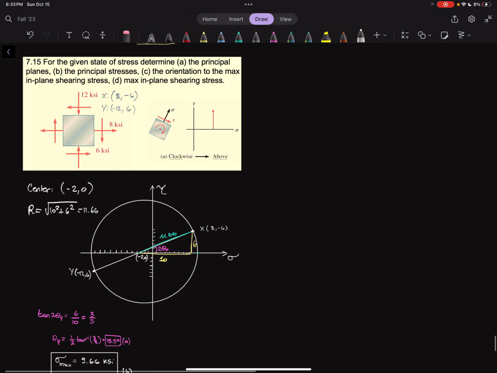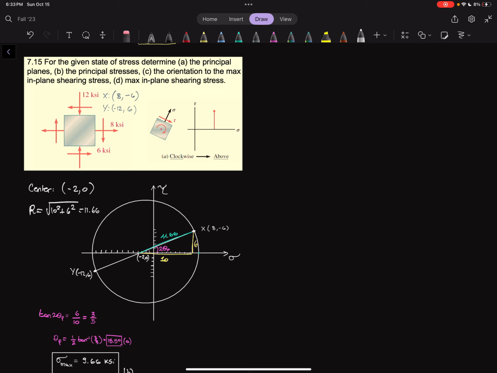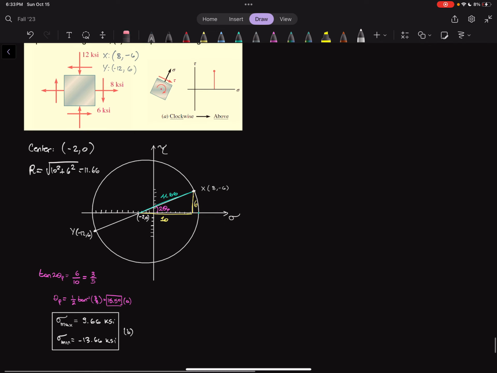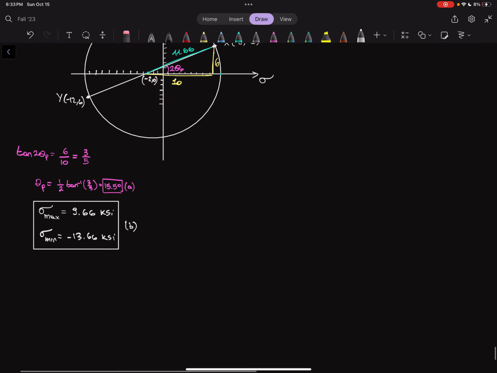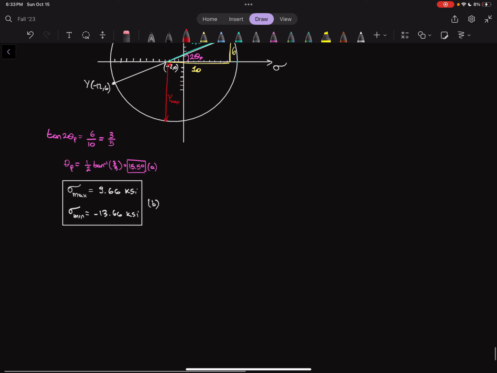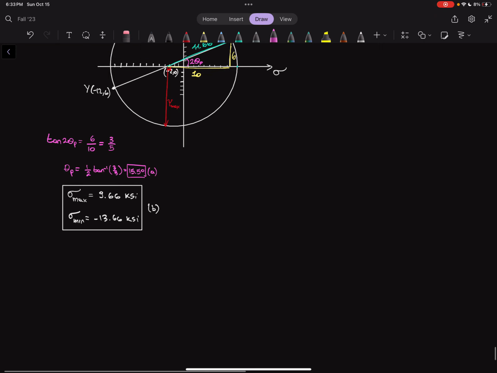Now for part C, the orientation of the max in-plane shearing stress. Now the shearing stress is on Mohr's circle. Shear stress is right here. This is max shear stress, which is 90 degrees to the principal planes on the circle, but it's 45 degrees away from the principal planes not in the representation of Mohr's circle.